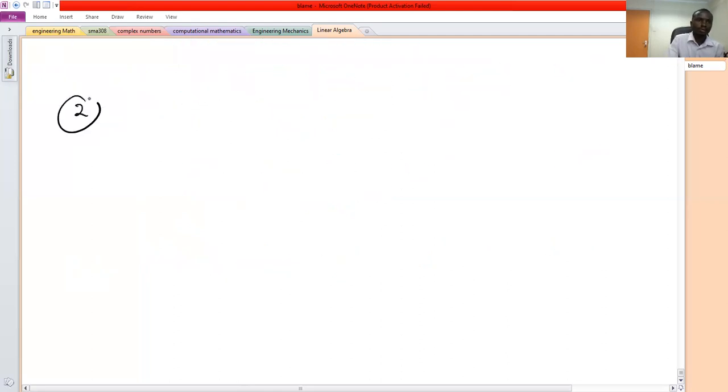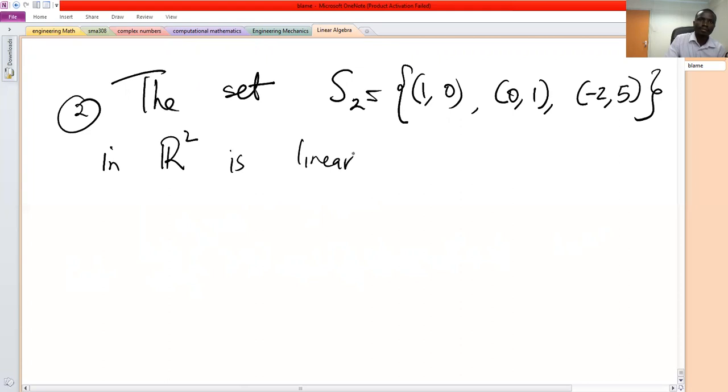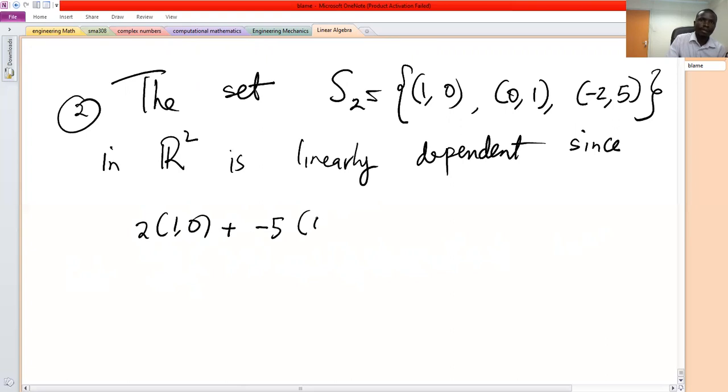Example 2, the set S2 given by the vectors (1, 0), (0, 1), and (-2, 5) in R2 is linearly dependent, since you can show that twice (1, 0) plus -5 times (0, 1) plus 1 times (-2, 5) is given by (0, 0).